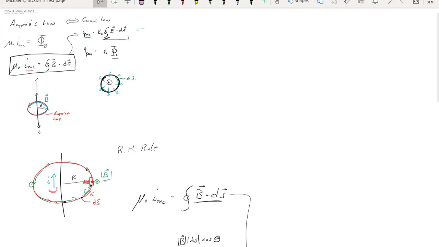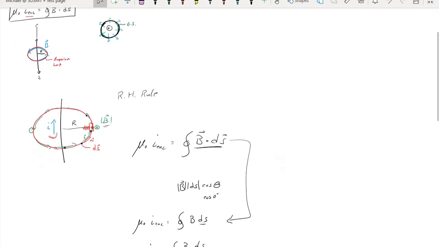With asymmetric distributions of charge, Gauss's law was not exactly the best in helping us derive the electric fields in a system if we had some asymmetric distribution of currents. And I say currents as a plural because we could have more than one wire in a system, and we would have to add together the contributions of all of those wires to get a net magnetic field expression.